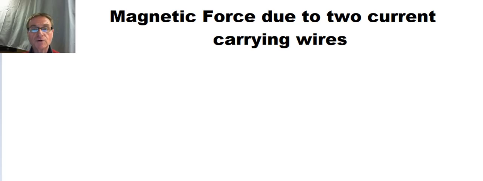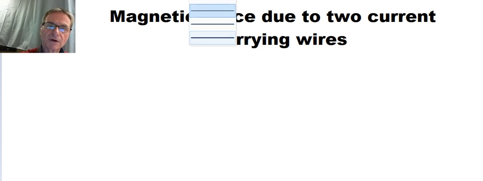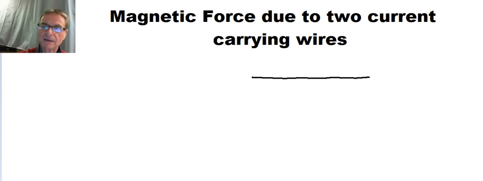Today what we're going to be looking at is the magnetic force on a wire due to the fact that there's two current carrying wires in a particular area. What I mean by that is if I were to draw a current carrying wire over here, with current going to the right, we know that we have a magnetic field that surrounds this wire in a three-dimensional fashion.